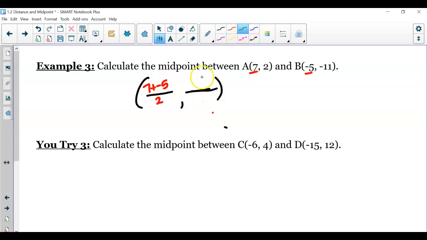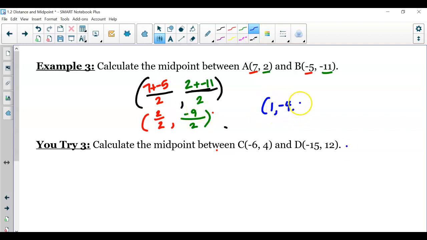Then the y coordinate is 2 plus negative 11, divided by 2. Here you end up with 2 divided by 2 and negative 9 over 2, which gives you the midpoint of 1 and negative 9 over 2, or negative 4.5. So go ahead and pause the video and try the you try now on your own.